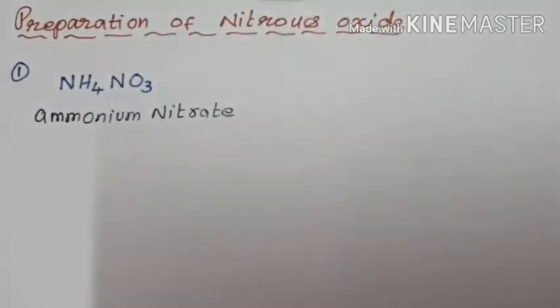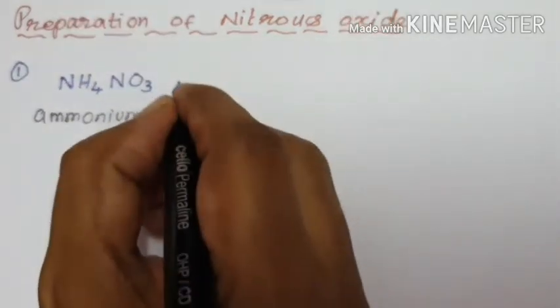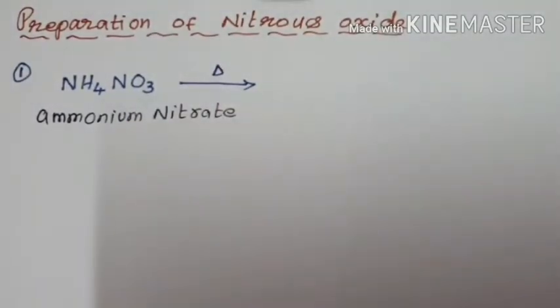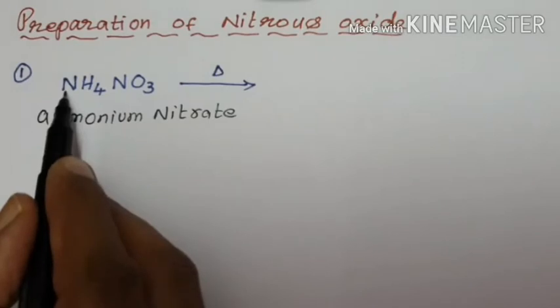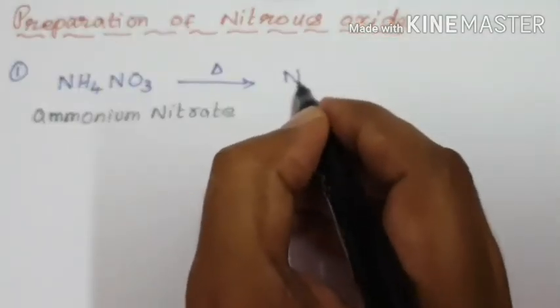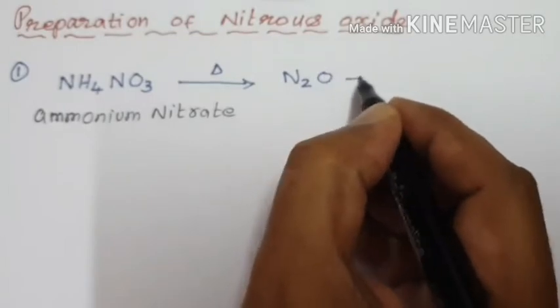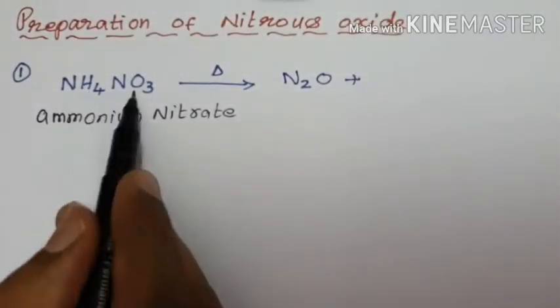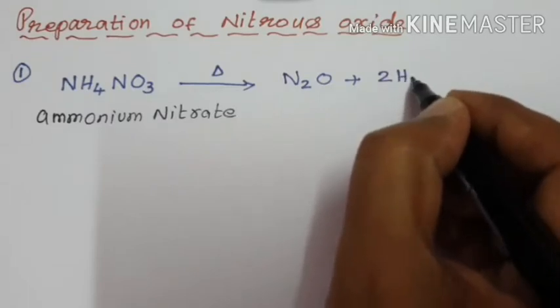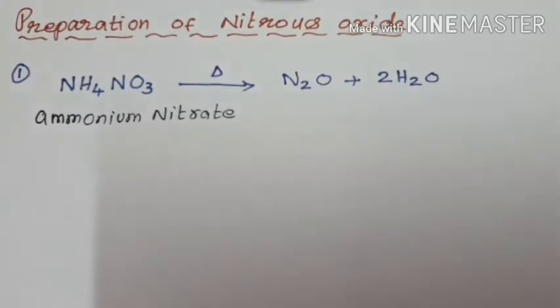On boiling ammonium nitrate, it undergoes decomposition and gives N2O, nitrous oxide. Remaining we have 4 hydrogen and 2 oxygen, so 2 water molecules are removed.